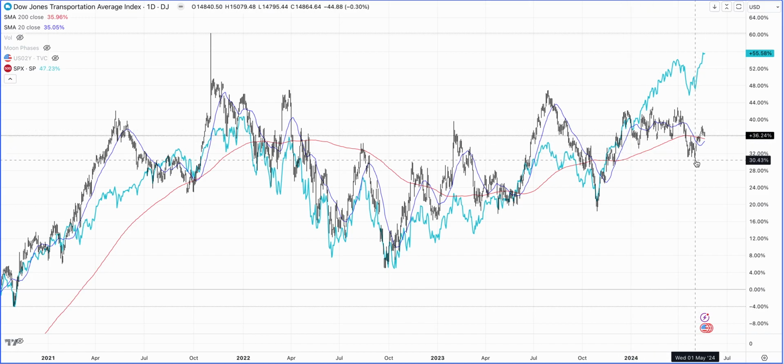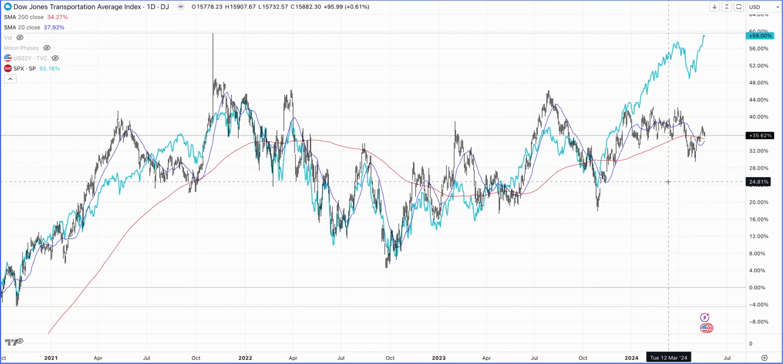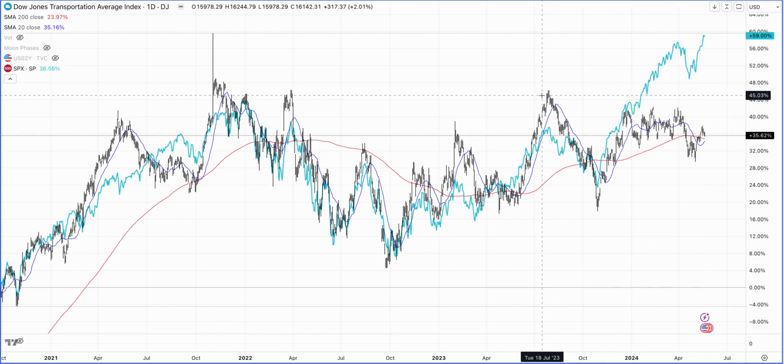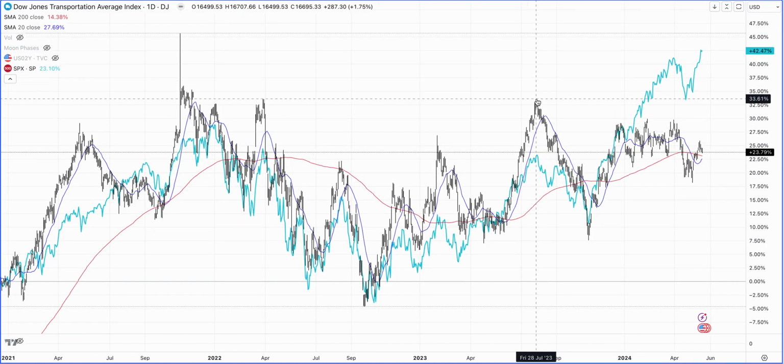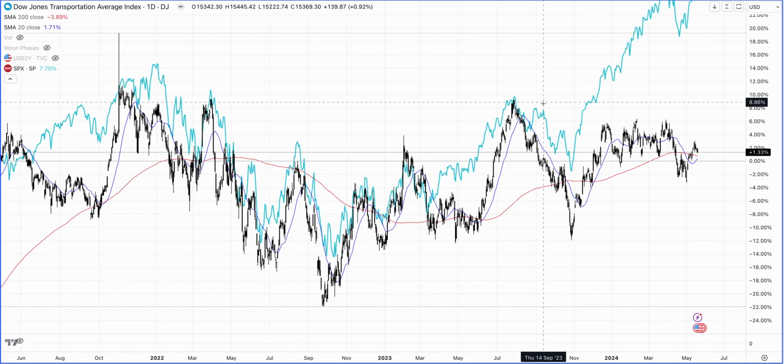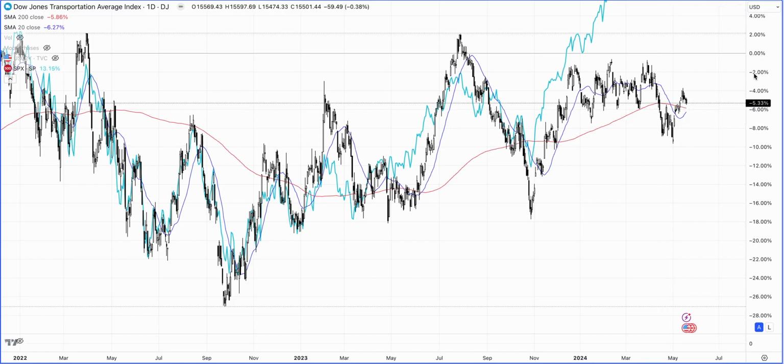So we'll be paying close attention to that, or if there's going to be further expectations that the interest rate scenario might begin to change, and we begin to see the interest rate cuts actually happen, then how this index is going to work, because it did top around July of 2023, but it's also been strong as well, in the sense that we talked about that these lows are higher of October 2022, October 2023.